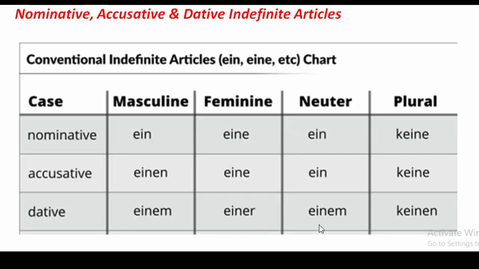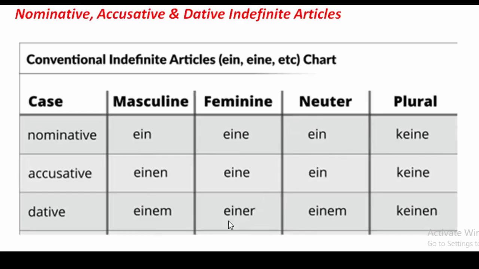Again, if I just focus on this table, there is only a difference in the first two cases. Ein changes into einen for the masculine noun, and the others are similar for feminine and neuter nouns. When it comes to dative case, we use einem for masculine and neuter nouns, and einer for feminine.